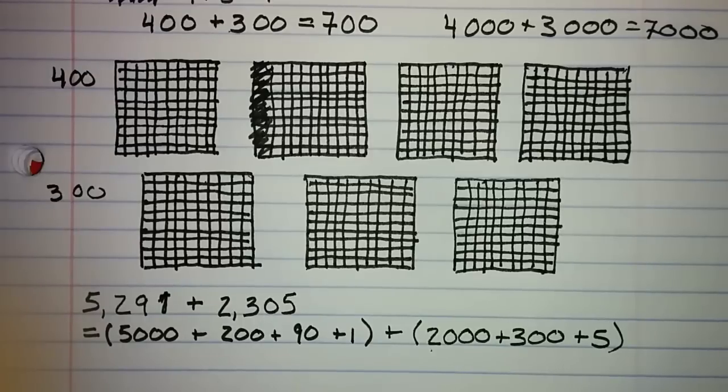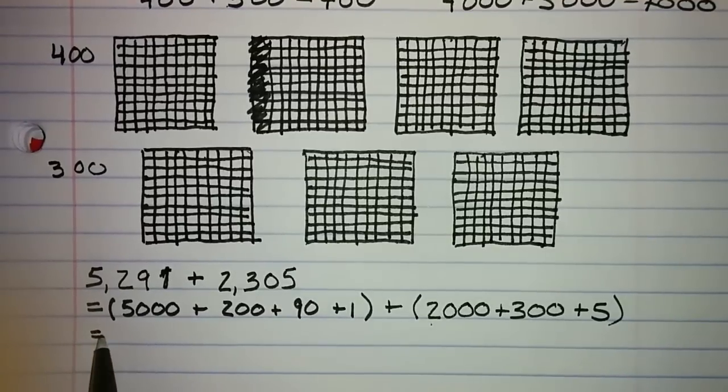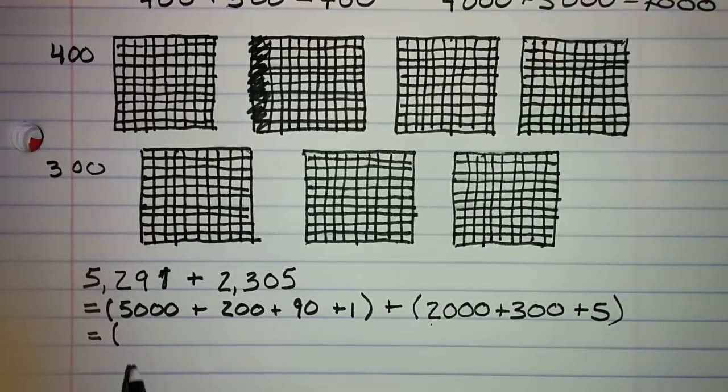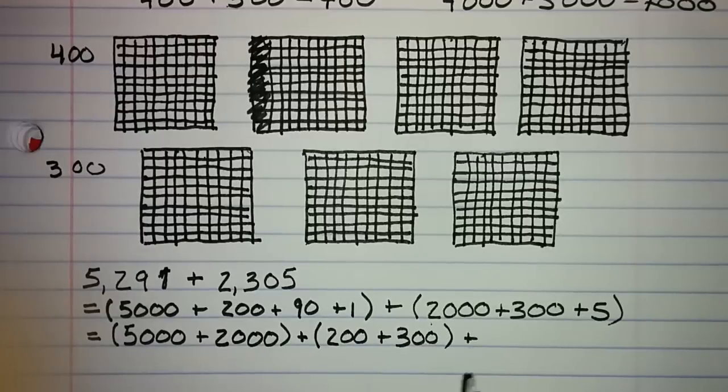All right, where am I going with this? Well, through the magic of the properties of addition, I can reshuffle these however I want, right? So I can think of this as 5 thousands plus 2 thousands, 2 hundreds plus 3 hundreds. The only tens I've got are my 9 tens.